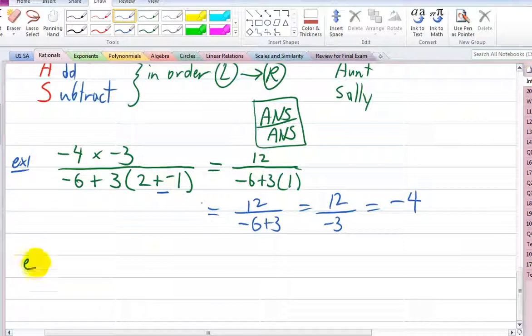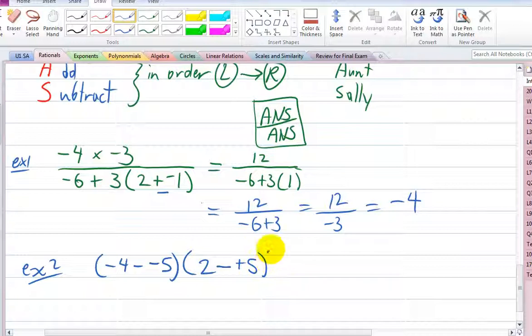Let's do example 2. Negative 4 minus negative 5, bracket, 2 minus positive 5, bracket squared.